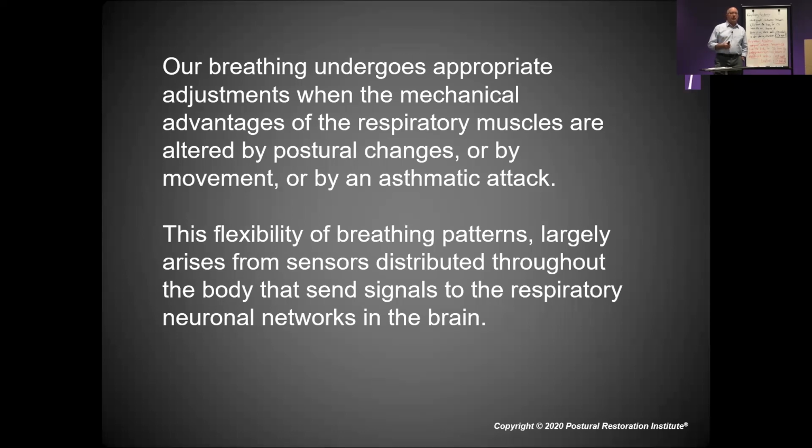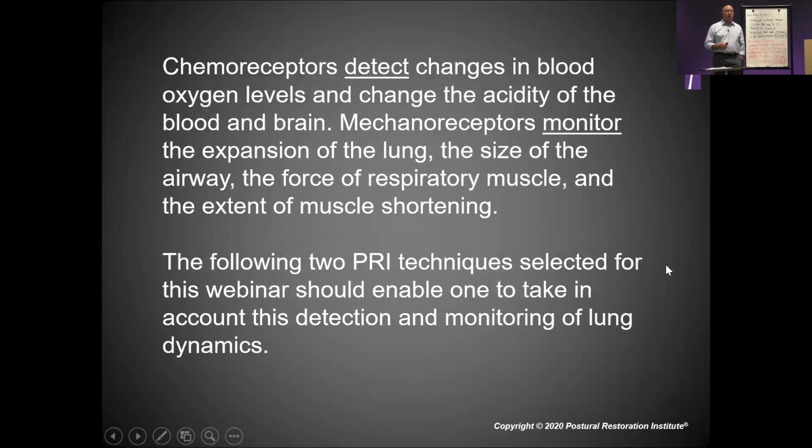This flexibility of breathing patterns largely arises from sensors, underline the word sensors, that understand the word slow-mo, movement, slow flow. Sensors that understand slow flow, distributed throughout the body, send signals to the respiratory neuronal networks in the brain. These are called chemoreceptors.